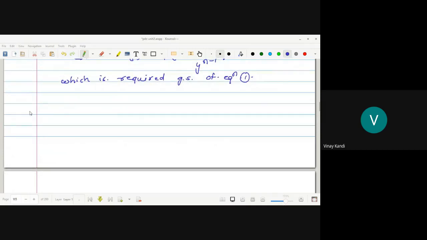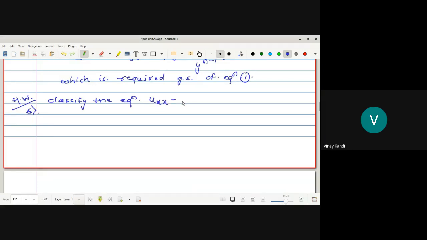Okay. Sixth one. Homework. Classify the equation. Write down these questions. u xx minus 2 sin x into u xy minus cos square x into u yy minus cos x u y is equal to 0.